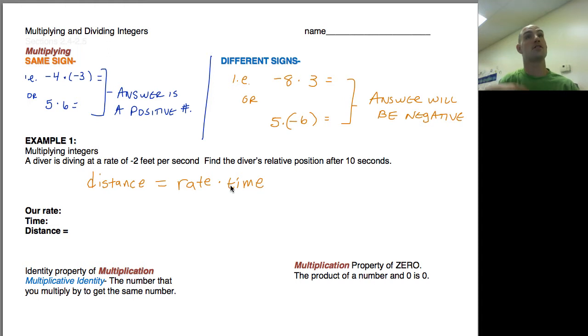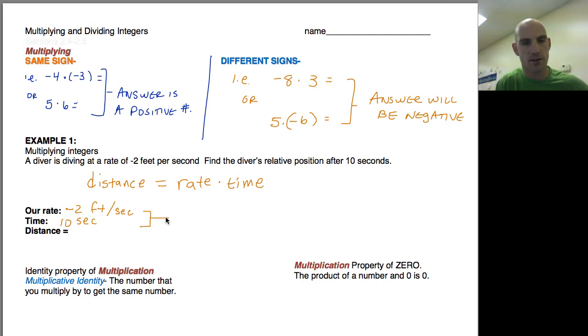For example, if you're driving 60 miles per hour for 2 hours, you drive 60 times 2, 120 miles. In this case, our rate is -2 feet per second, and I use that little slash for the per, and the time is 10 seconds.